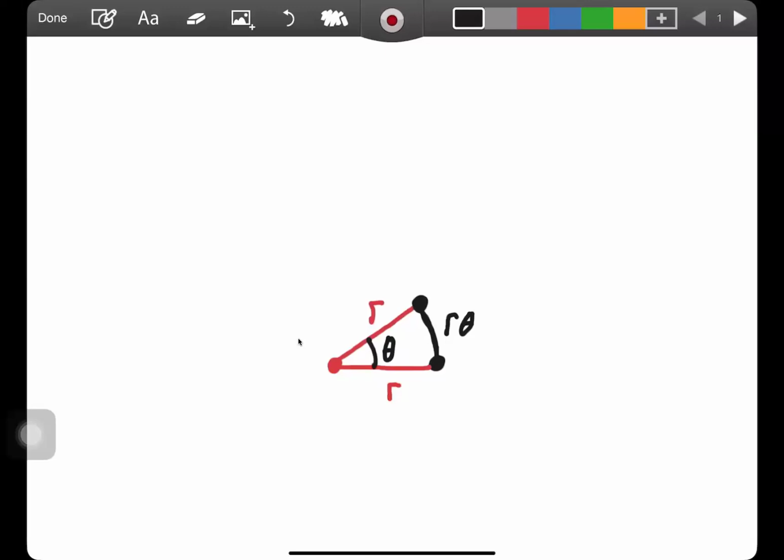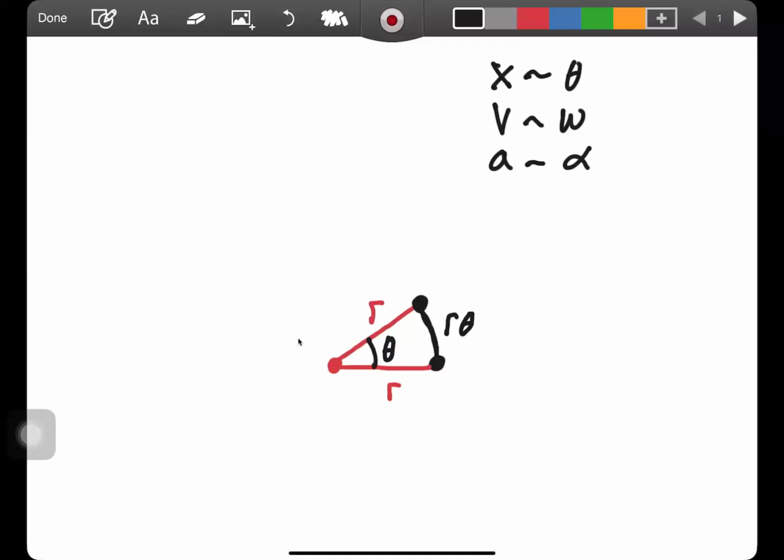When we had a linear displacement x, the rotational analog for that is theta. When you have linear velocity v, the rotational analog for that is omega, i.e. the angular velocity. And when you have linear acceleration a, the rotational analog for that is alpha, the angular acceleration.